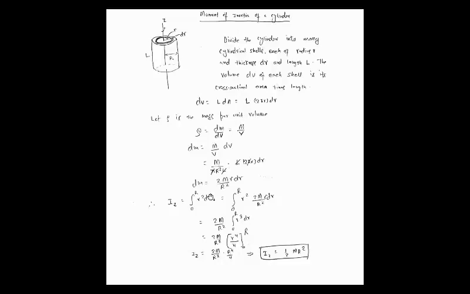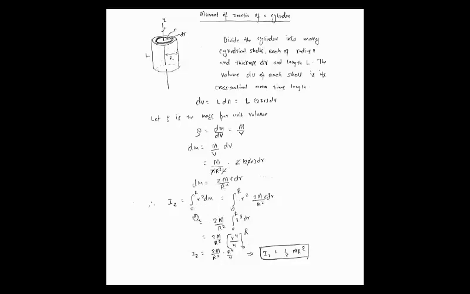The total moment of inertia about the z-axis, this is the axis of rotation about the center of mass, you just need to integrate the thin shells from 0 to r, because this cylinder is made up of many cylindrical shells, and each cylindrical shell has a moment of inertia r square times dm, whose mass is dm.